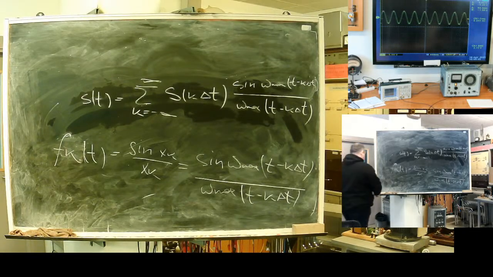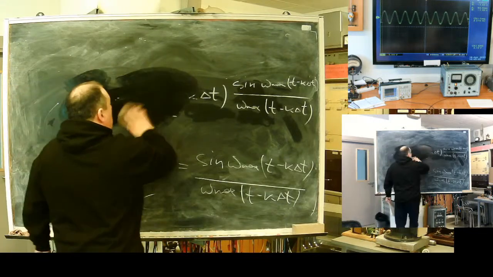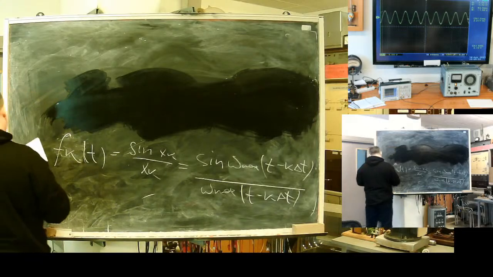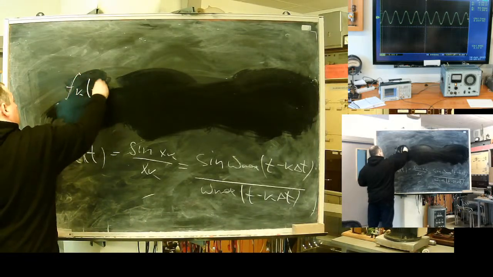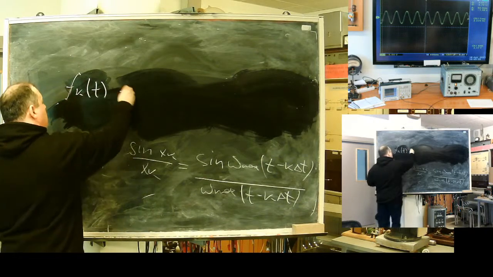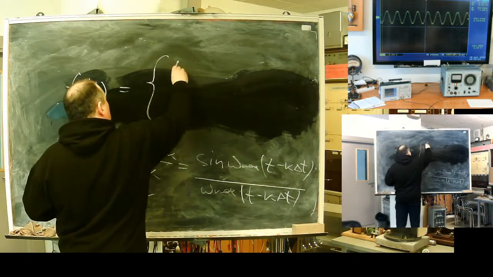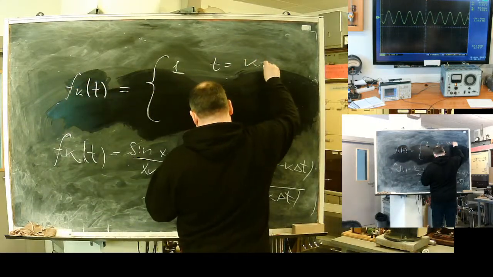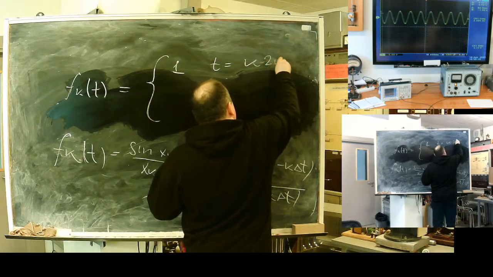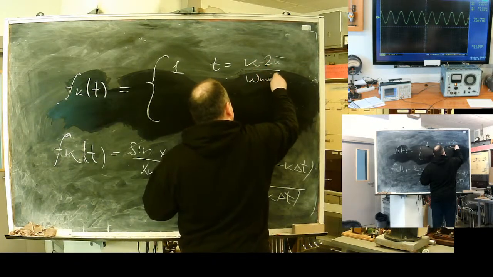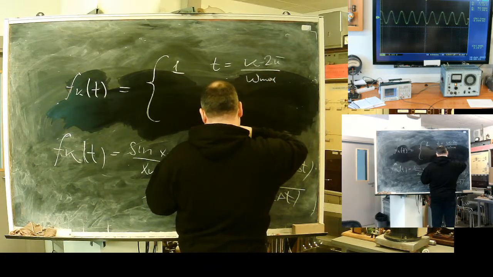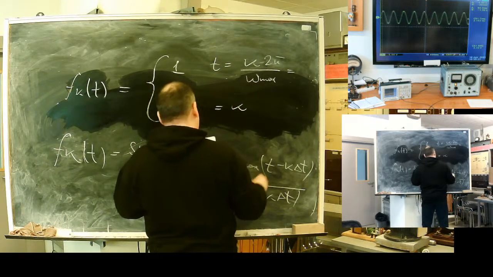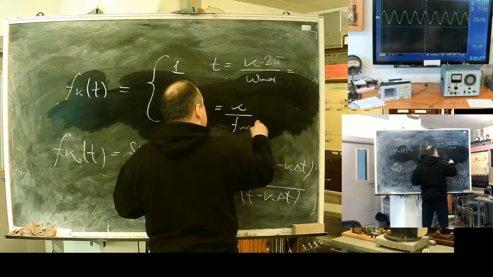And there is one important moment about such functions. f_k(t_0) equals unity when time is k pi divided by omega max, or k divided by 2 f max.